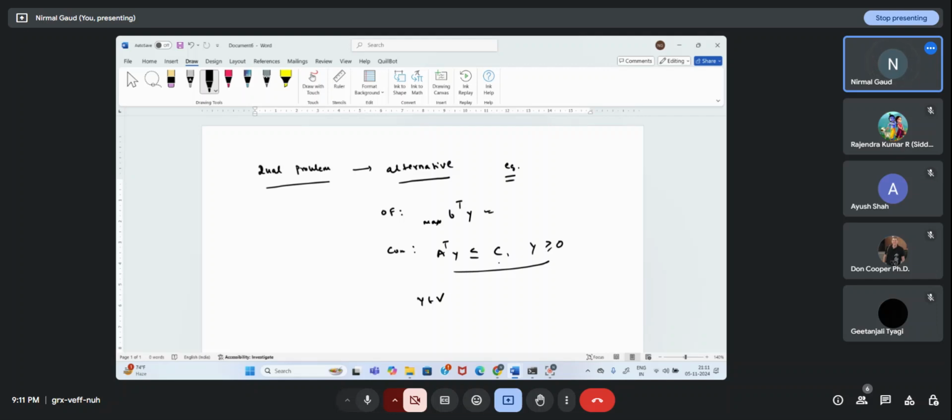Now as we got the dual problem and the primal problem, we do have KKT also. What is this KKT? It's a condition, KKT condition. Let me show you KKT.